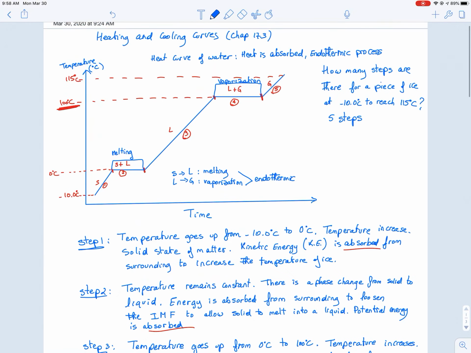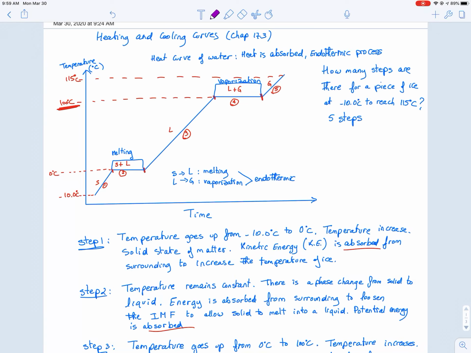All right. One more thing that I want to bring to your attention before we do a comparison between the heating cooling curve and phase diagram is that I want you to look here at, and I'm going to use another color, the plateau that's over here and the plateau that's over here.